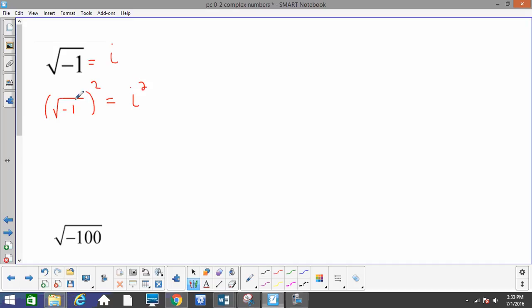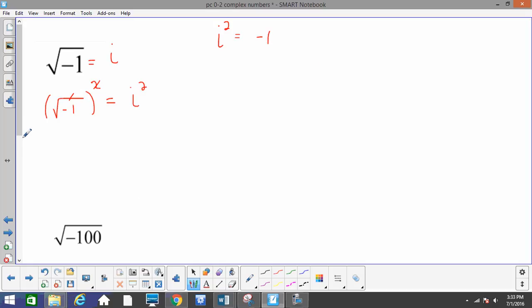And what happens is that'd be -1 times -1, which would be I squared. The negative sign and that cancel. This is going to be an important one to remember for later on, that I squared is the same thing as -1.